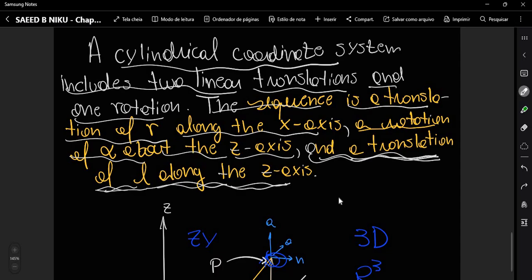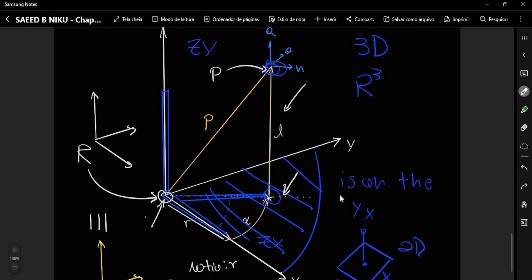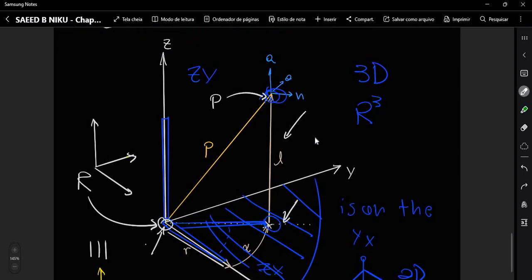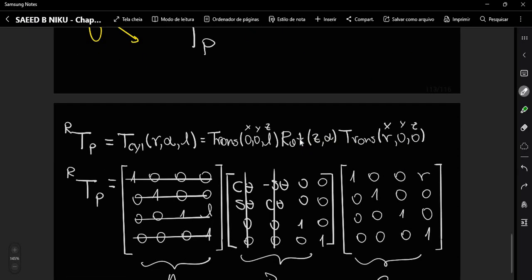When we are capable of interpreting the text, which is the description of a task that a robot can be doing, we can draw what is going on, and we can also write the transformation equation, which is within this description.